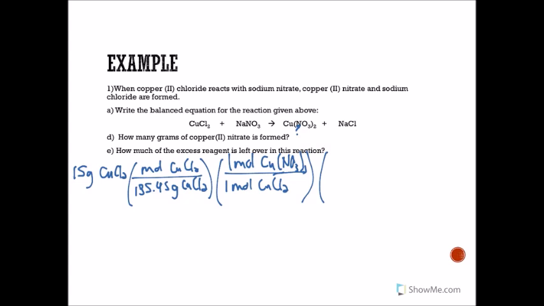If we look up the molar mass for copper 2 nitrate, it's 63.55 plus there's 2 nitrogens at 14.01 plus 6 oxygens at 16. We get a molar mass of 187.57 grams of copper 2 nitrate, all over a mole of copper 2 nitrate.